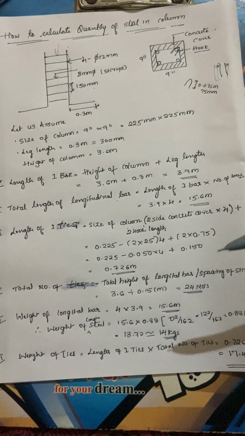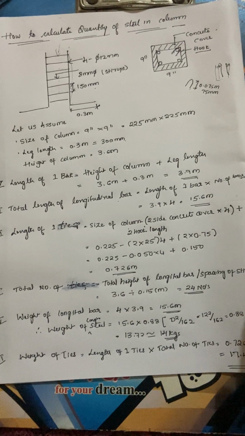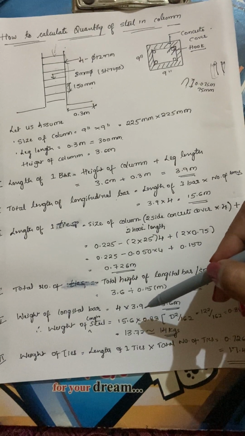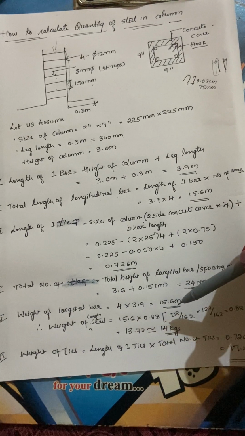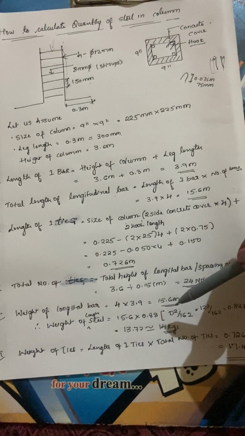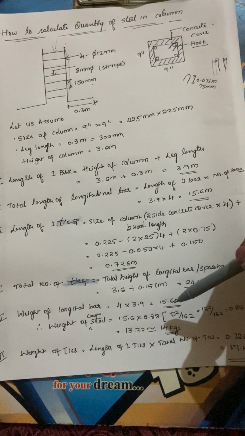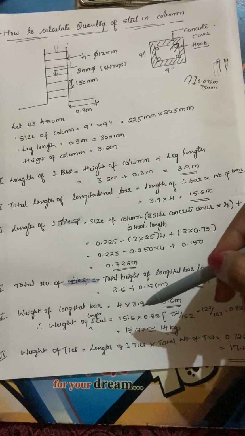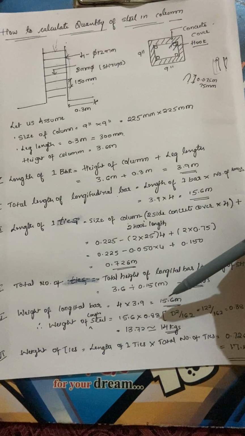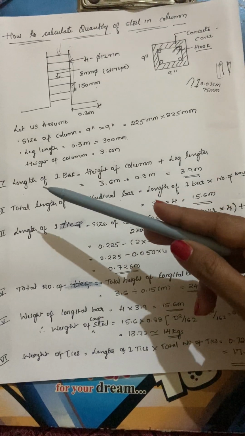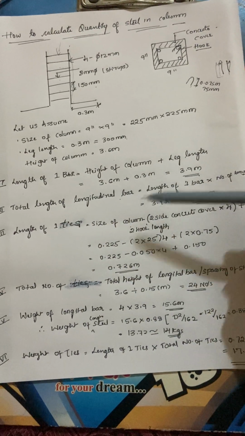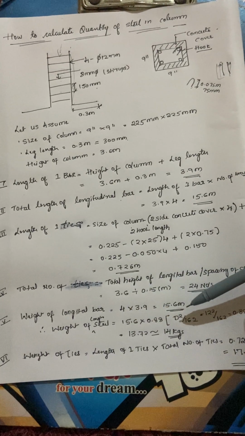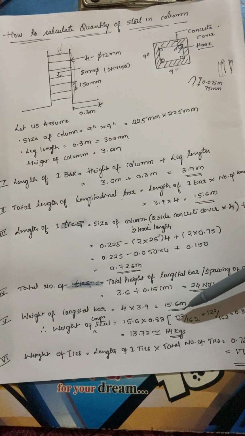How do you calculate the weight of the longitudinal bars? 4 into 3.9, where 4 is the number of bars and 3.9 is the length. So the length of the 4 bars together is 15.6 meter. Sorry, I said it wrong earlier.